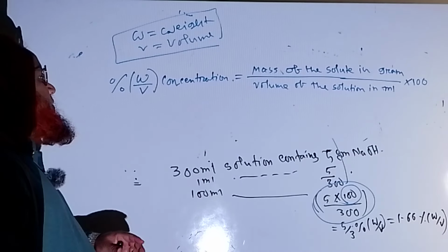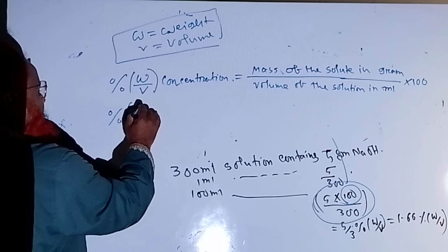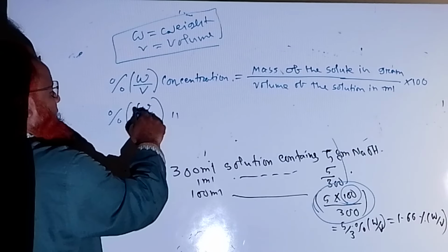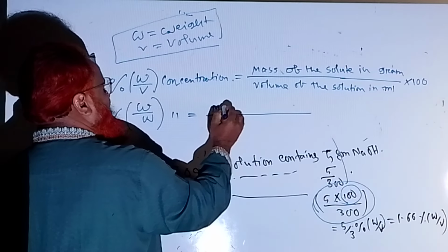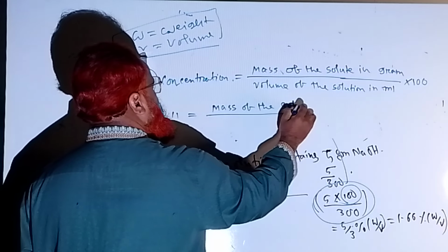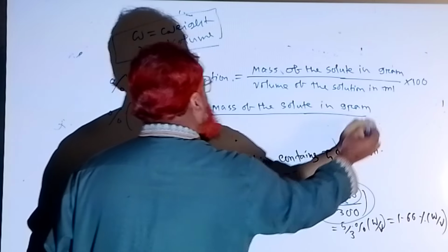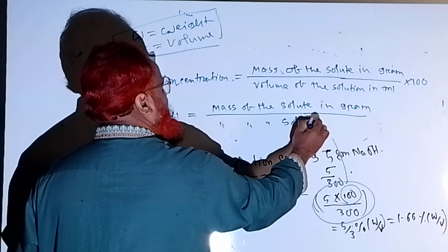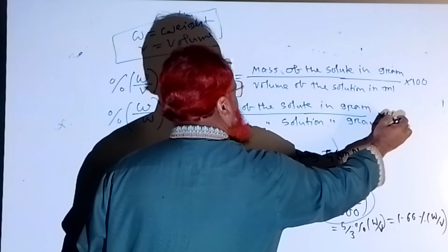Now percentage concentration W by W can also be written. What will be the expression here? Mass of the solute in gram divided by mass of the solution in gram also, multiplied by 100.